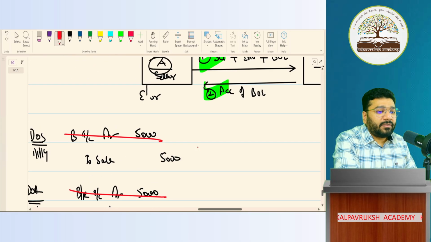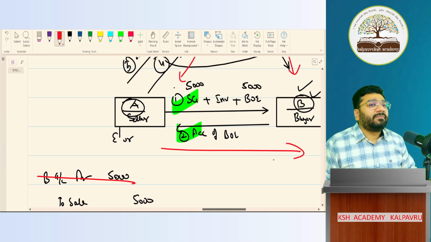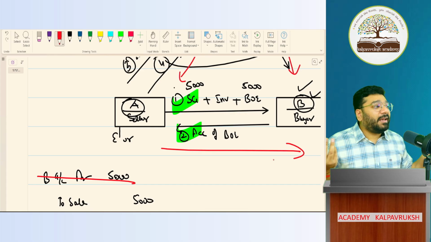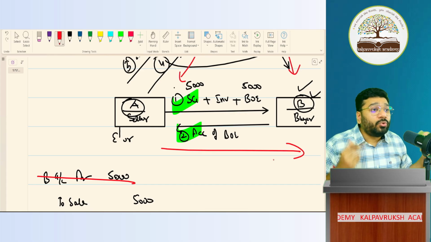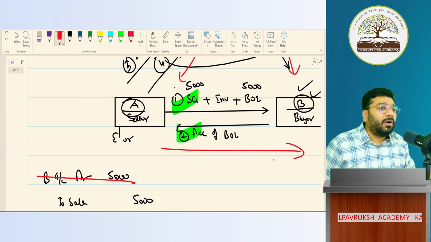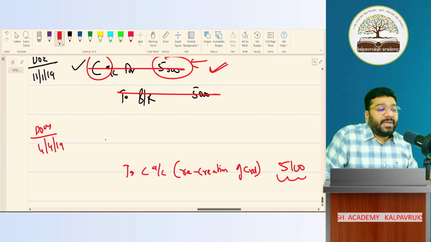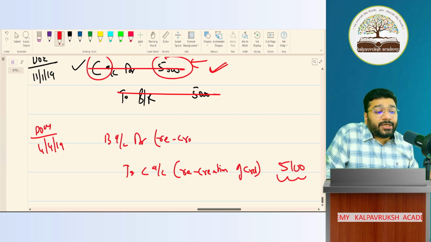So here, the bill which is dishonored, I will throw it on the face of the buyer. So has the money come? No. So here what am I supposed to do? Again recreate the debtor account. Got it, not got it? I have to recreate the debtor account. Who's the debtor here? B. So B account debit is nothing but recreation of debtor.